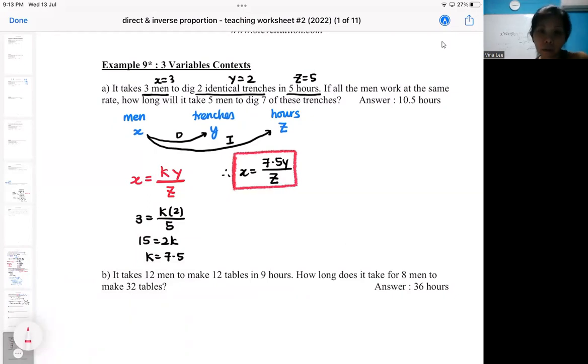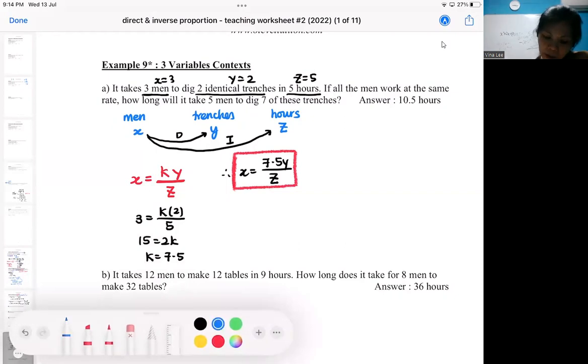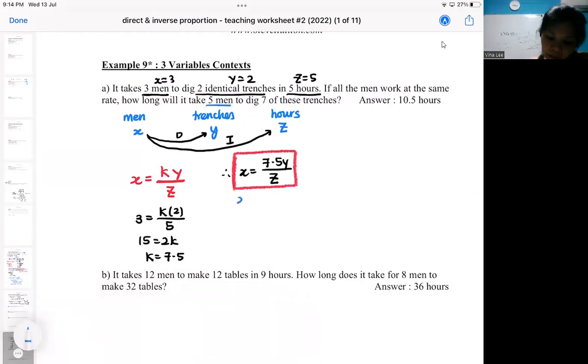So how am I going to answer the question? If you take a look, how long will it take 5 men? The 5 men here means X is equal to 5, because X is our number of men. And then 7 trenches, so trenches is Y. You just put the values inside the equation. Just remember that you can cross multiply.